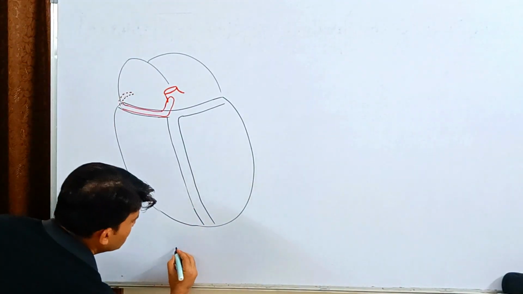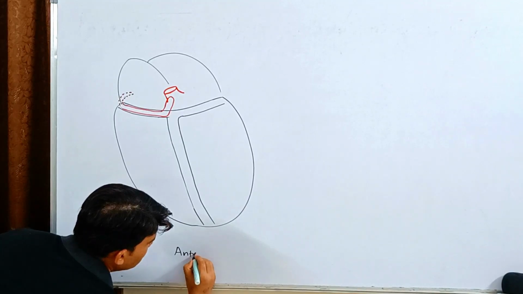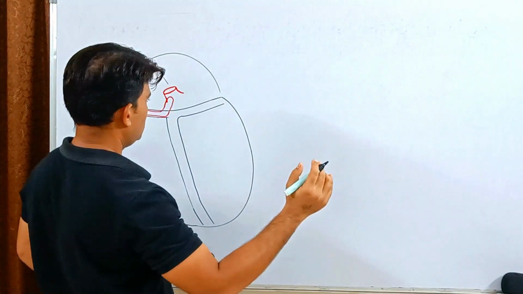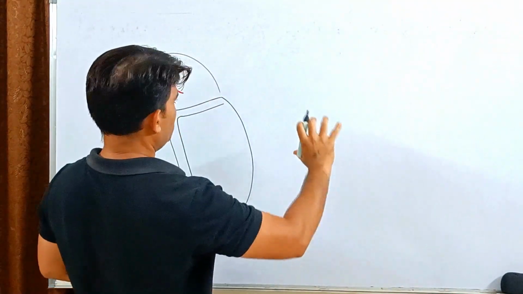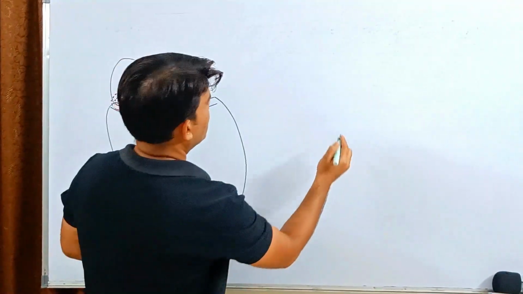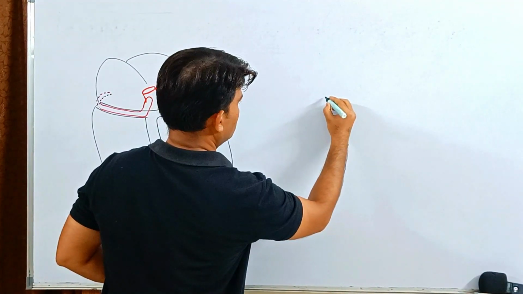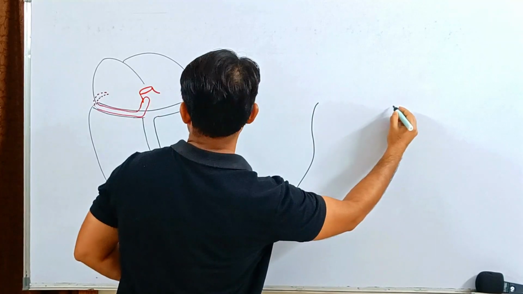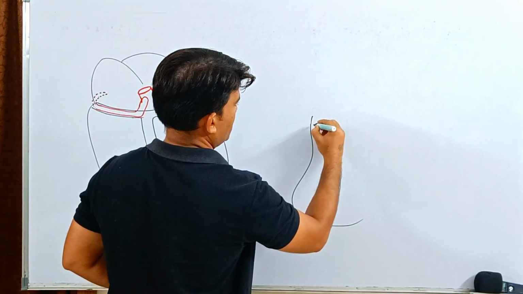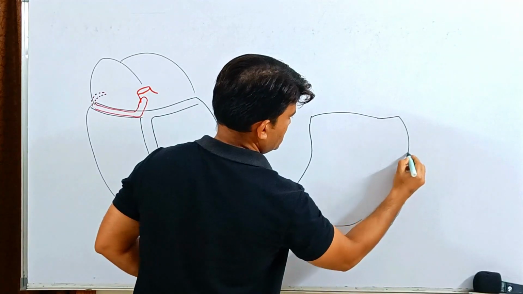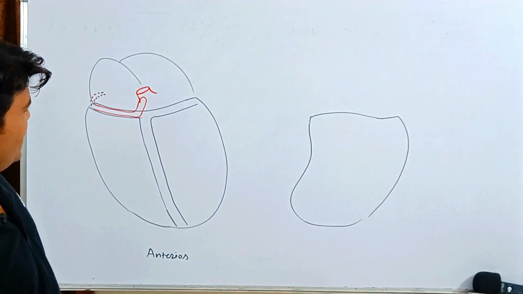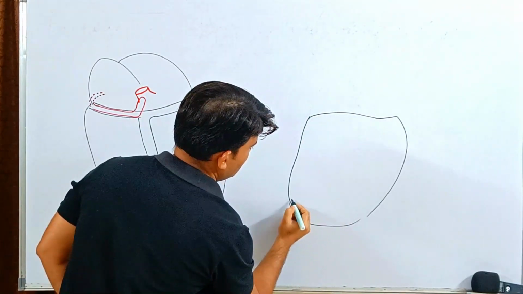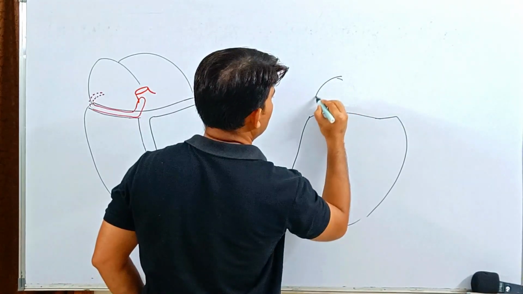So this is the anterior view, right? And now I am going to draw the posterior view, right? So suppose this is the posterior view, it will look like this. Suppose this is the atria, right?